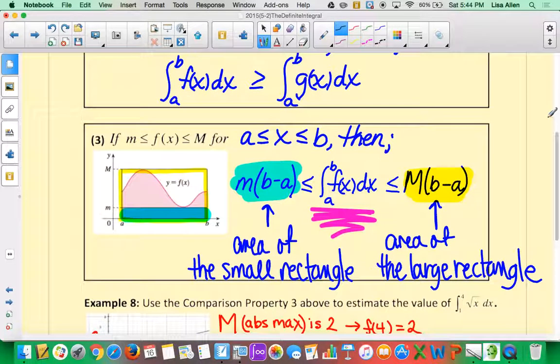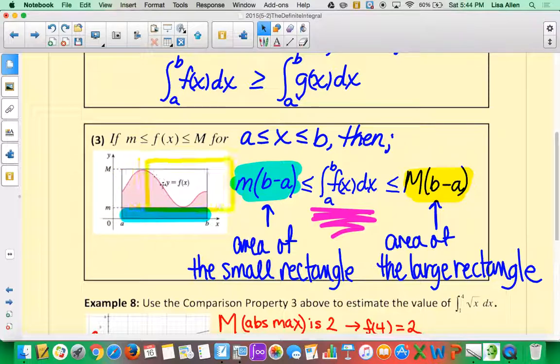Then the last one is just a comparison property on the interval from a to b. If you take a look at my color coding, you see that if we have a small rectangle that hits the bottom of the curve, so if you have the pink curve flowing through, and you see a minimum value on the pink curve is at lowercase m, and the maximum value is at uppercase M, then the area of the rectangle in light blue would just be lowercase m times b minus a.